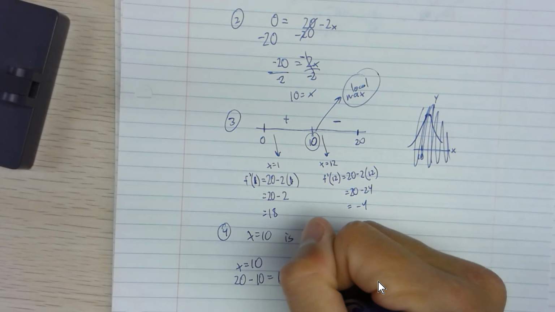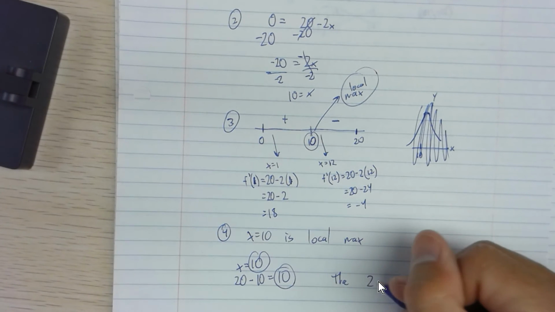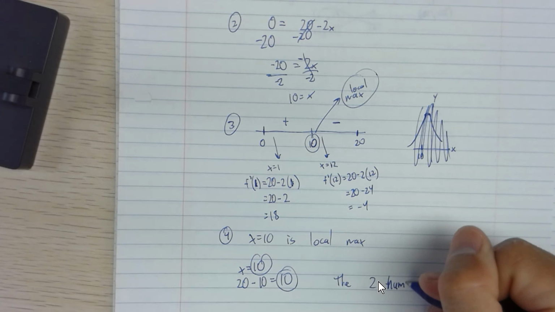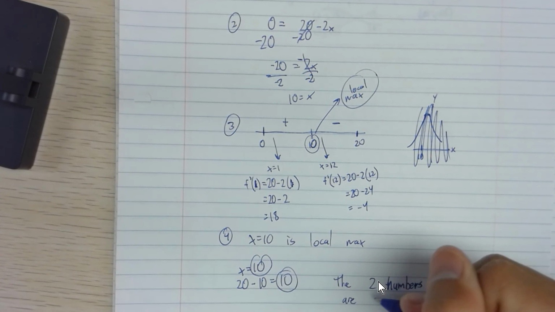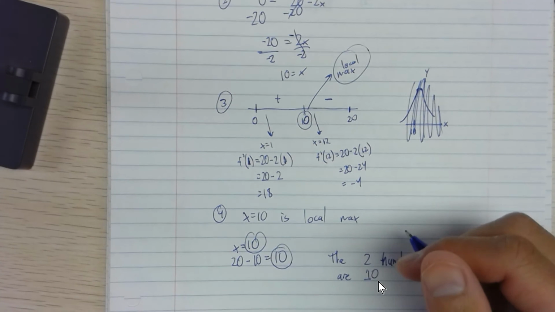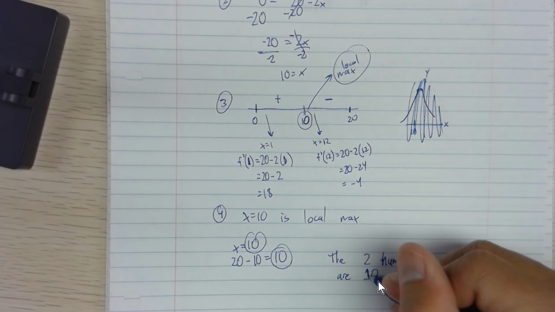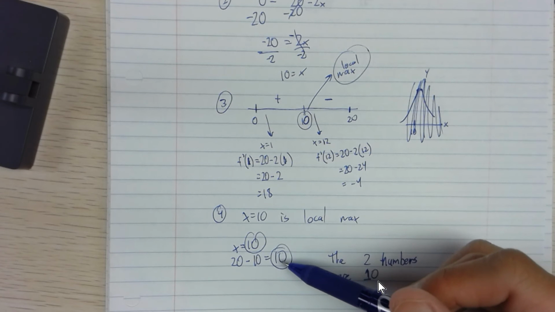So the two numbers we're looking at are both 10. Those are two numbers whose sum is 20, but the product is as large as we can get.